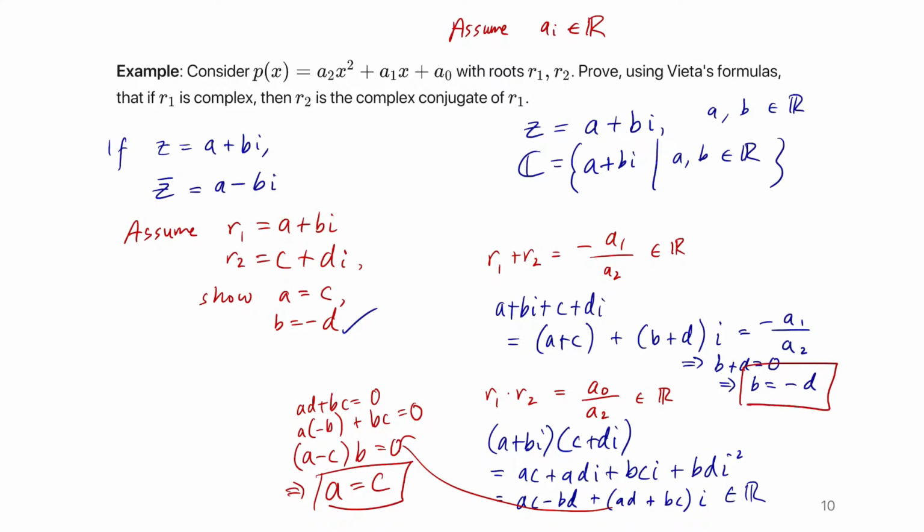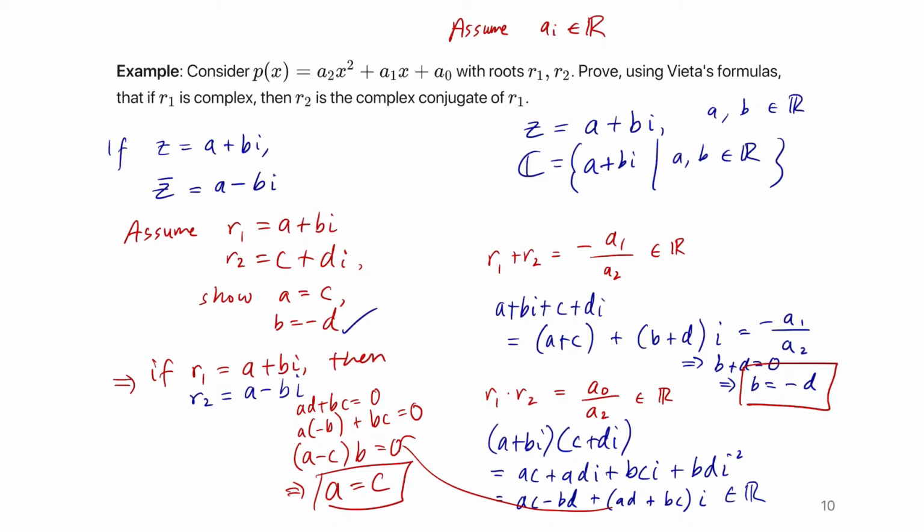And so what we did was we used the properties outlined by Vieta's formulas to show that if R1 is some complex number A plus BI, and R2 is some complex number C plus DI, and they're both roots to A2x squared plus A1x plus A0, it has to be the case that A is equal to C and B is equal to negative D, which implies that if R1 is A plus BI, then R2 is A minus BI, which proves that they're complex conjugates of one another.